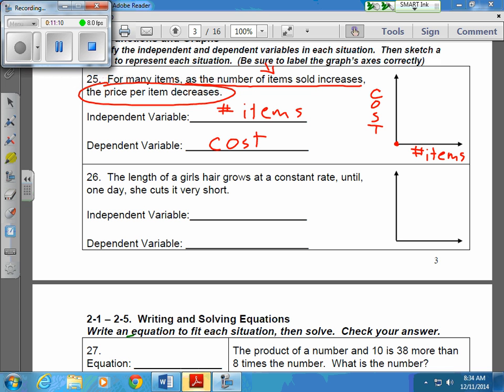So back this way is when we have few items. This way is when we have a lot of items. This way is a low cost. This way is a high cost. So fewer items, higher costs. And then as the number of items increases, our cost is going to decrease.